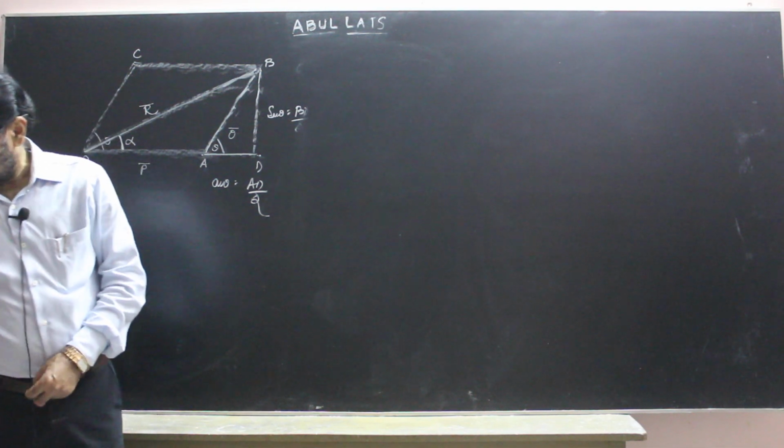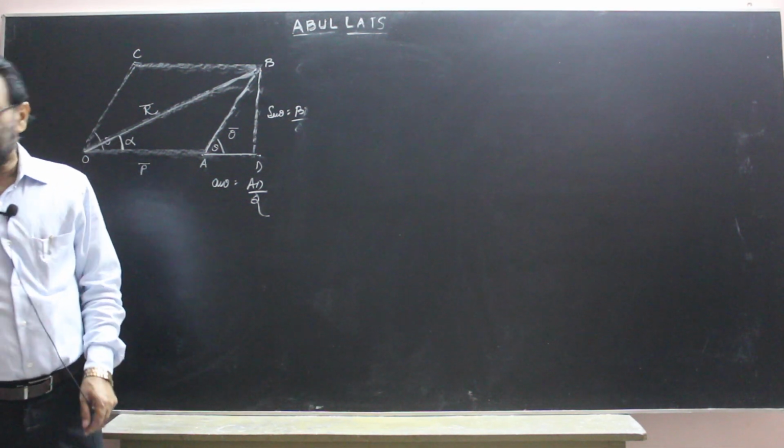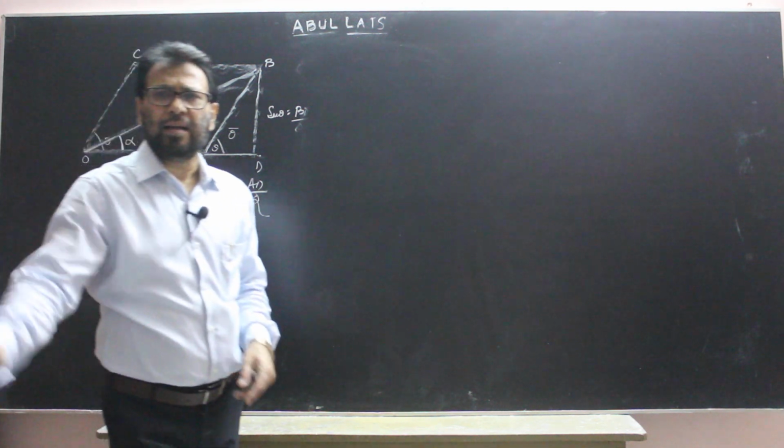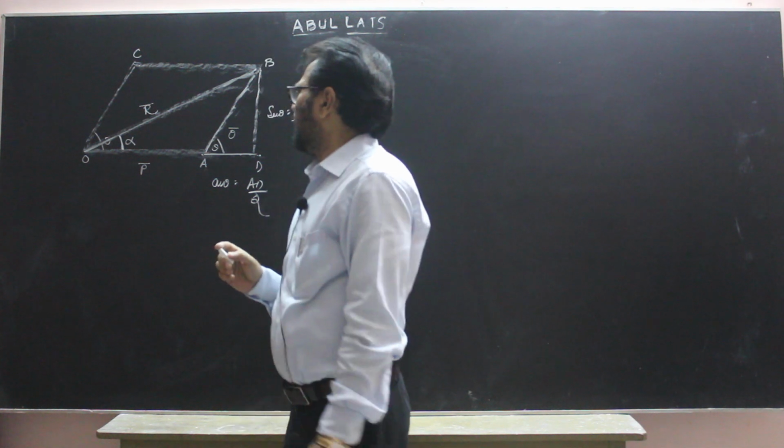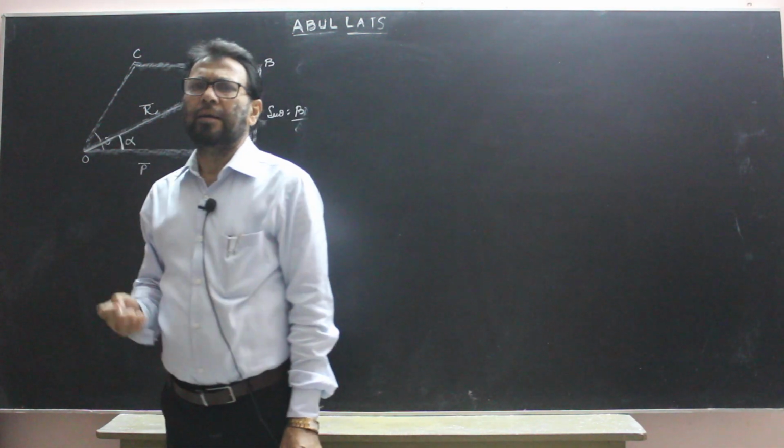And if theta is the angle between P and Q, then beta, the angle made by resultant with Q, is theta minus alpha.